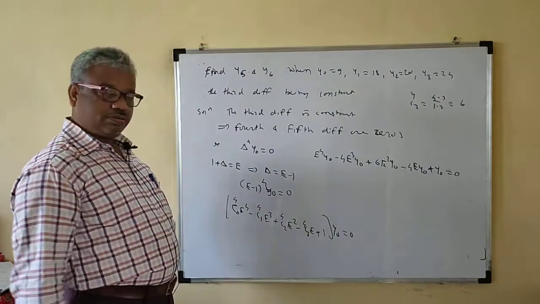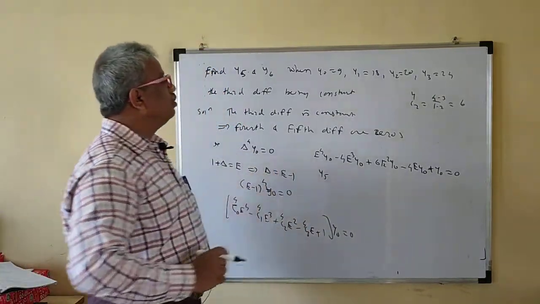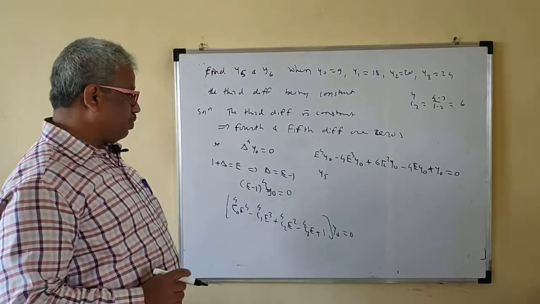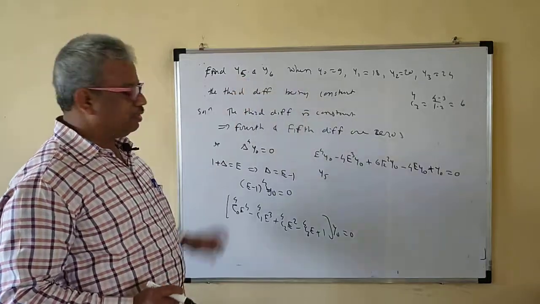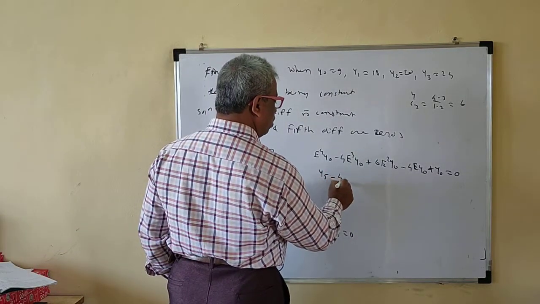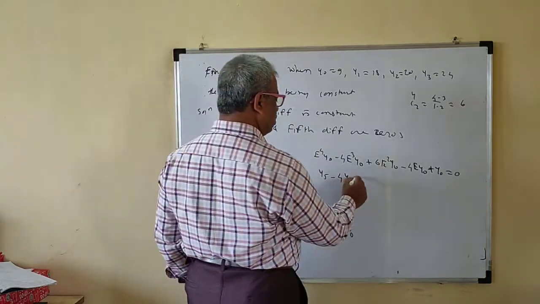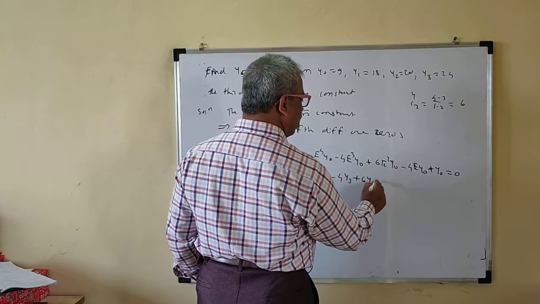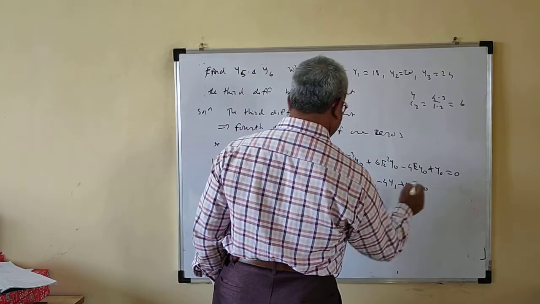We have taken y0 like this. So E raised to 4 y0 will be y5, that we want. You want y5 and y6. So y5 minus 4 y3 plus 6 y2 minus 4 y1 plus y0 is equal to 0.